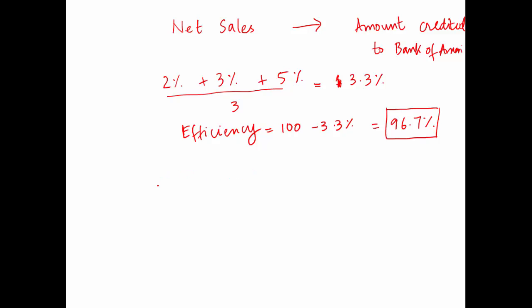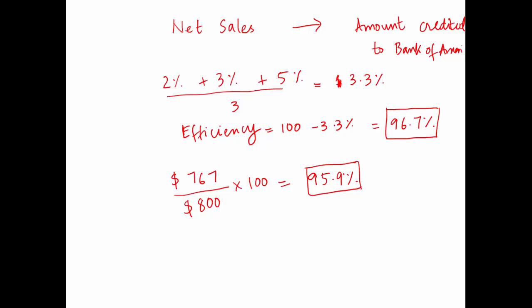The other way to do that is, you know the total amount credited to your bank, which is $767, and then the net amount that was paid by your customers, which was $800. Divide and multiply that by 100, and you get 95.9%. So the question is, which calculation makes more sense?